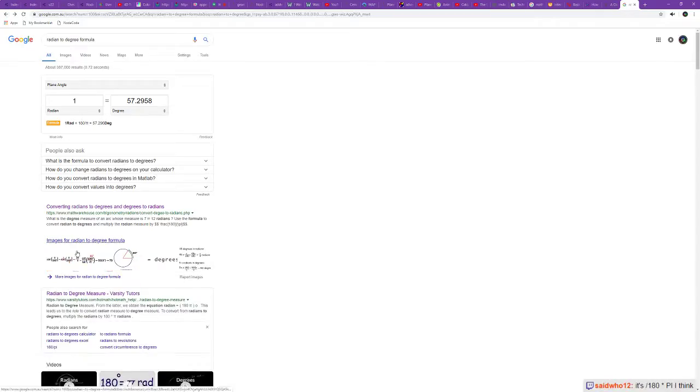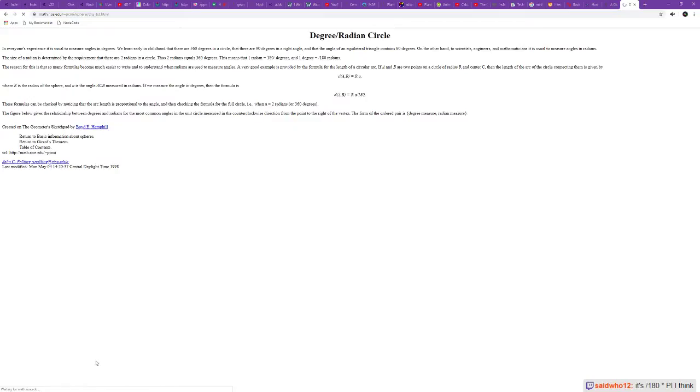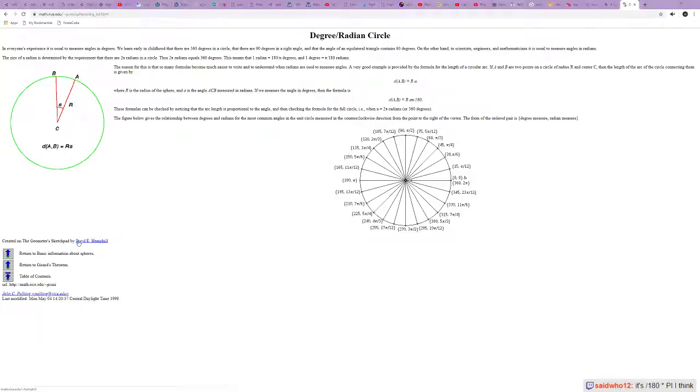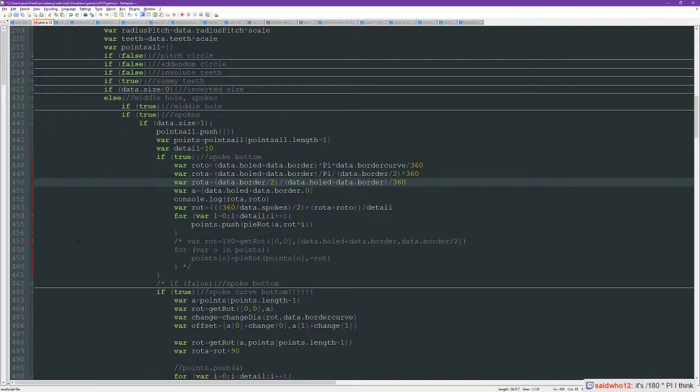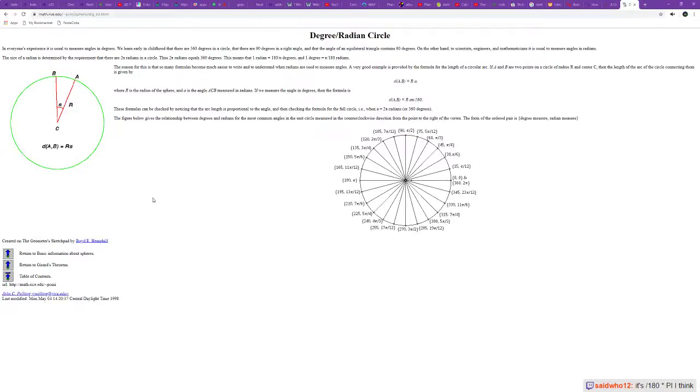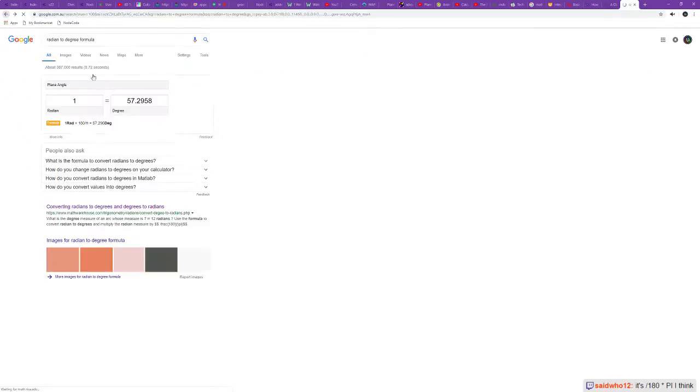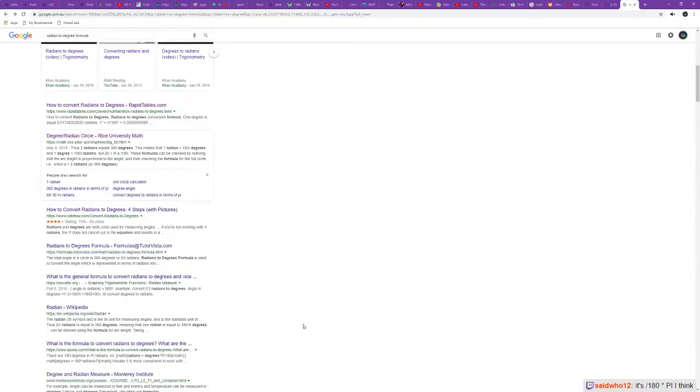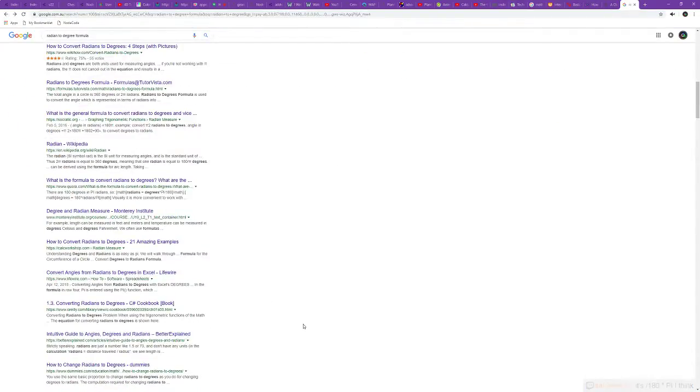Just say what it is. Wait, is that to radians or to degrees? I think that's backwards again. Out of the bajillion things I've opened, I'm pretty sure it was Math is Fun.